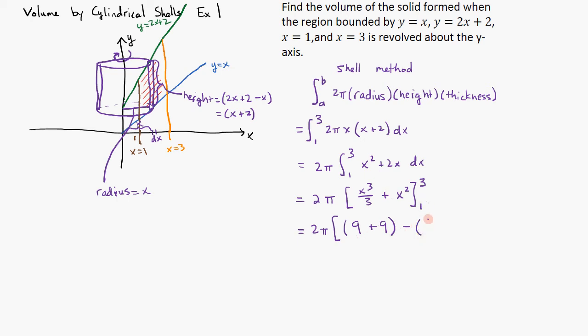When I plug in 1, I get 1/3 plus 1. So this is equal to 2 pi. So if I calculate everything inside the brackets here, I get 50 over 3. And so if I multiply this out, the answer is 100 pi over 3.